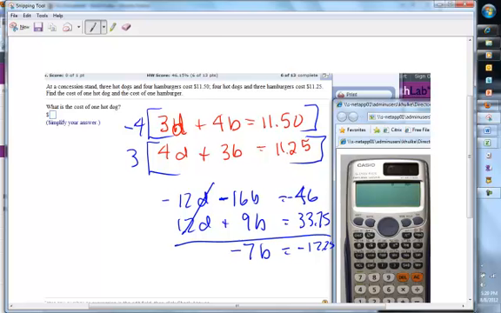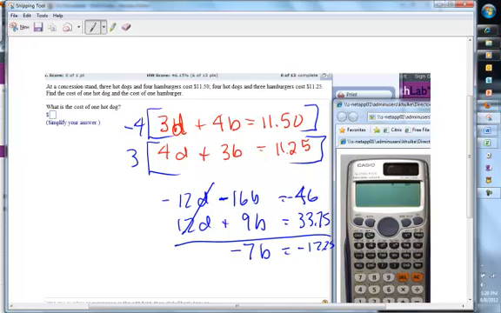You get, I did something wrong. 12.25 divided by 7. Okay, let's see where we made a mistake. 11.5 times 4 is 46.